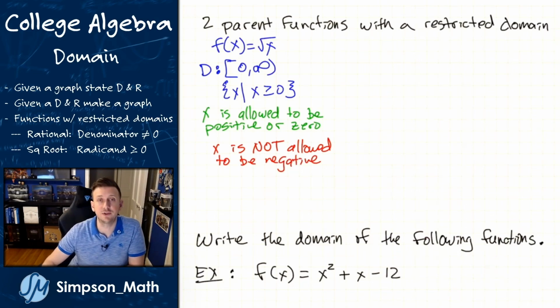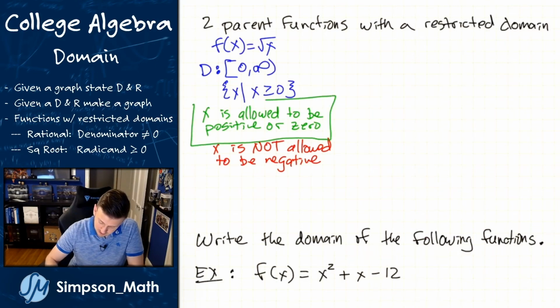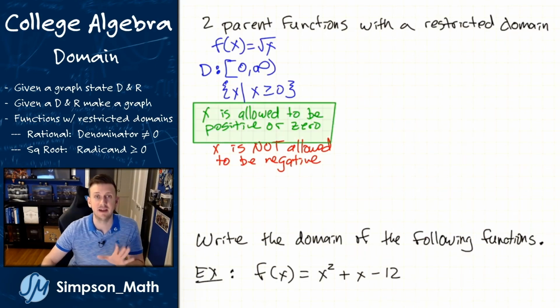Now, which of those two statements is kind of easier to communicate? Is it easier to say x can be greater than or equal to 0, or x can't be negative? Which one of those is easier to say using an inequality statement? Well, in my opinion, in this particular case, it's easier just to define that x has to be positive or 0.